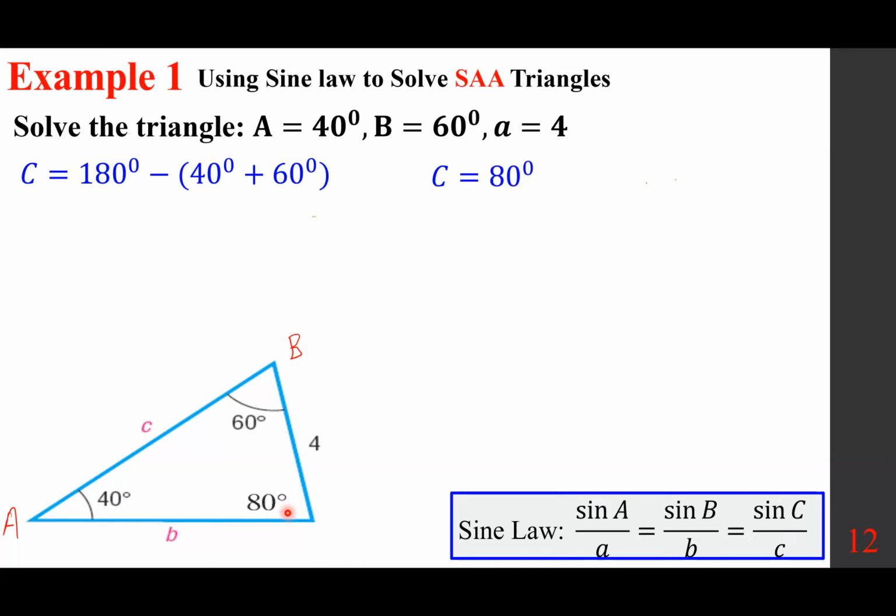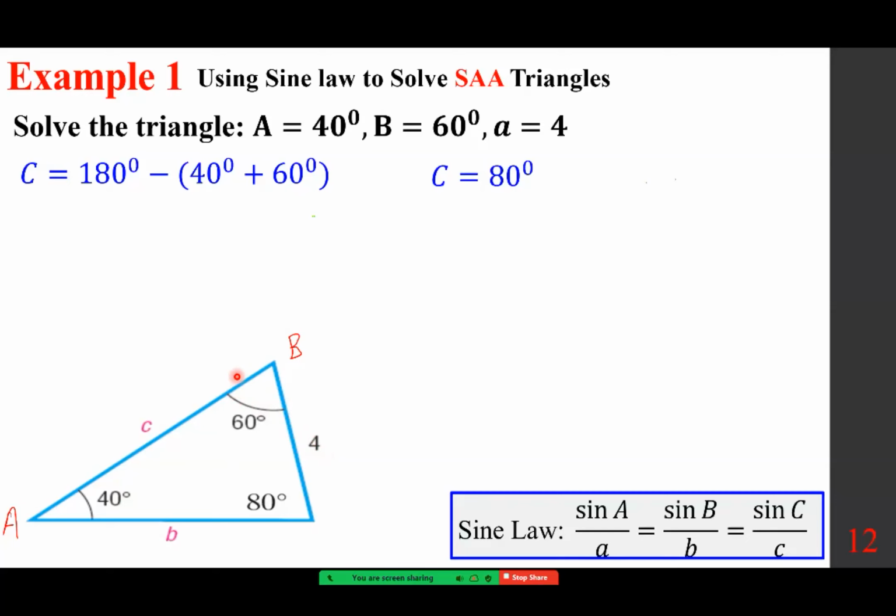Now let's use this and whatever we have here. Because we have this side, this must be used. So according to this formula, I can say sine of 40 degrees over a, or 4, is equal to any of them.